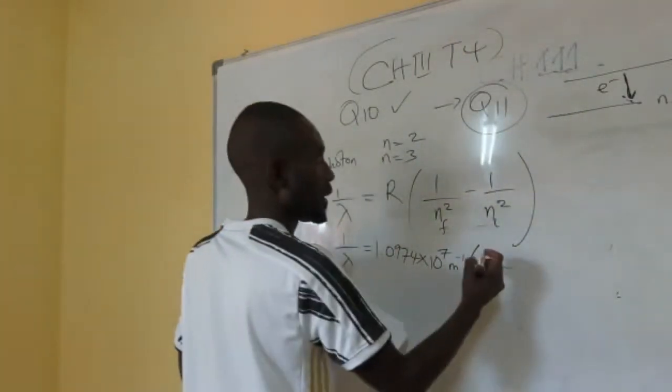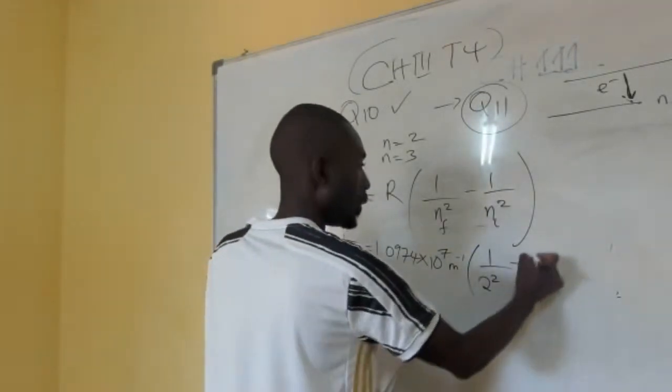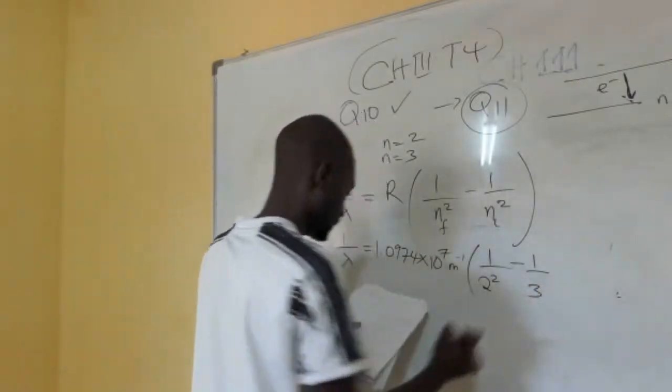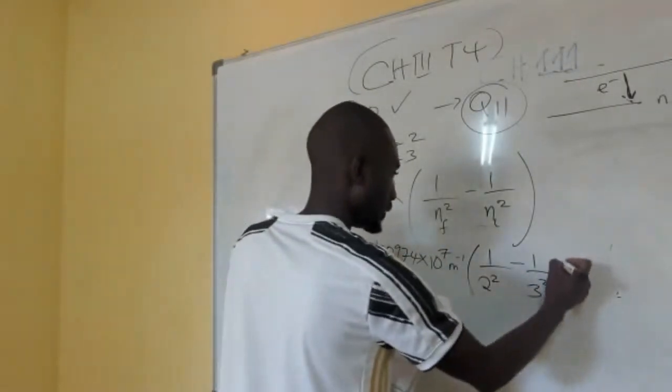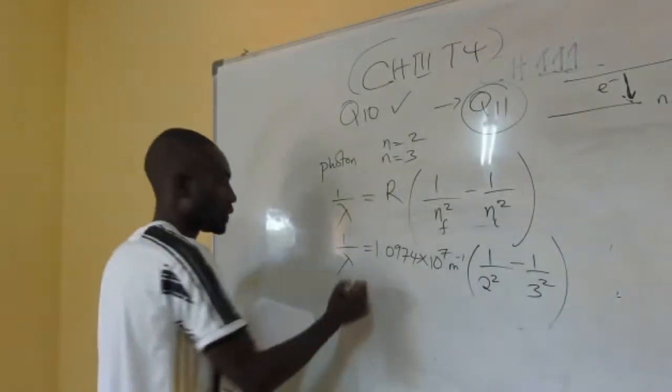You are going to say 1 over 2 squared minus 1 over 3 squared, brackets. We can evaluate together.